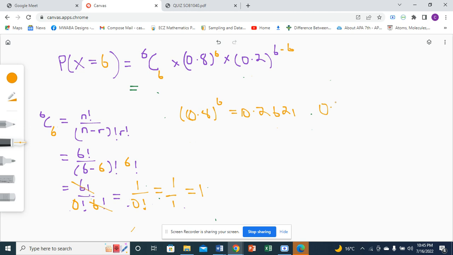And then 0.2 to the power 0, because 6 minus 6 is 0, gives us 1. So we're going to have 1 times 0.2621 times 1, which gives us 0.2621. Right? Probability that 6 marketing strategies are effective.